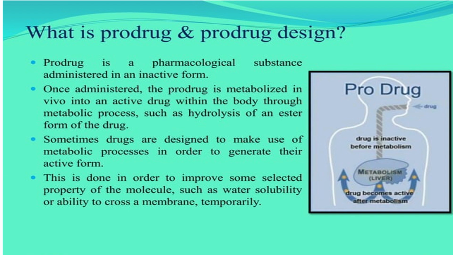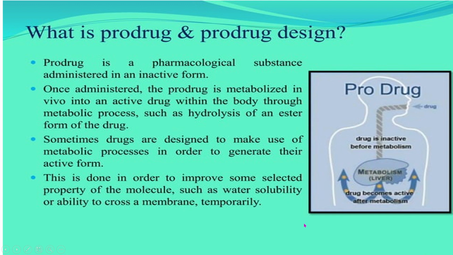Sometimes drugs are purposefully designed to make use of metabolic processes in order to generate their active form. This is done to improve some selected properties of the molecule, such as altering the water solubility or the ability to cross the biological membrane temporarily.